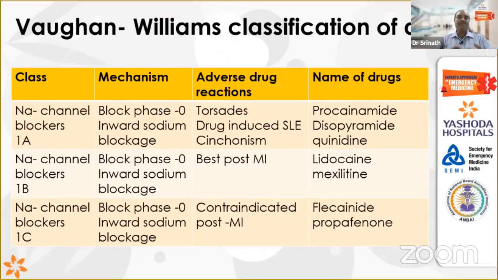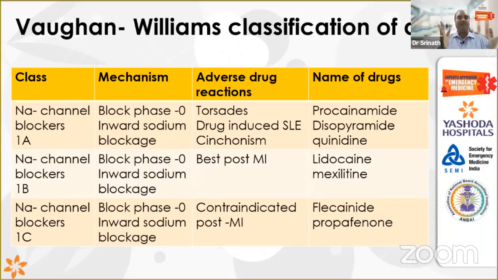To broadly classify, we have the Vaughan Williams classification of the drugs. The nature of the drugs is mainly dependent upon your sodium channel, potassium channel, and calcium channel. You saw the waves which I showed you. So now you will understand the mechanism of action of the sodium channel blockers, which are 1A, 1B, and 1C. In 1A, you are going to see the intermediate sodium blockage.